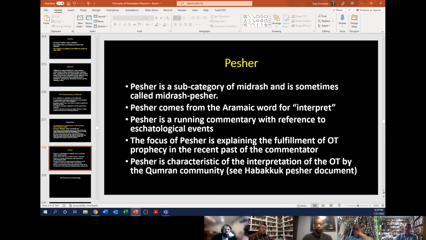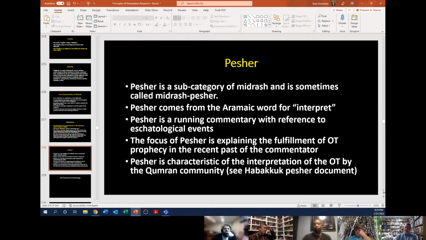So the Qumran community was being threatened by what group? The Romans, right? They're being threatened by the Romans because you had the Jewish-Roman War, about 66 to 73.